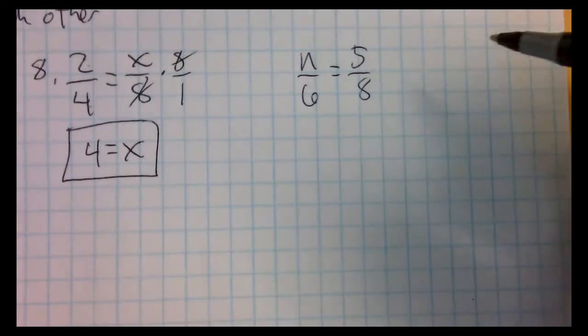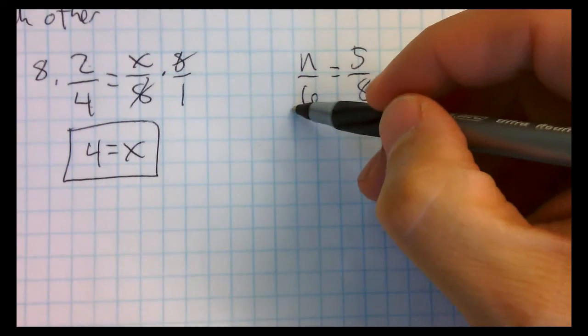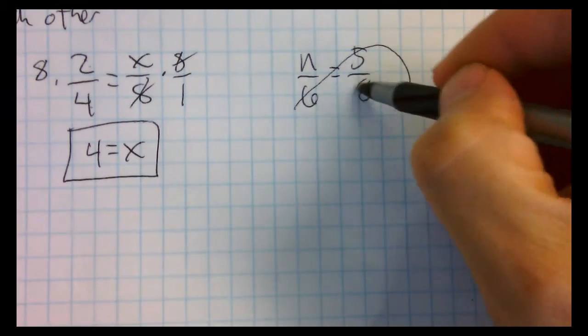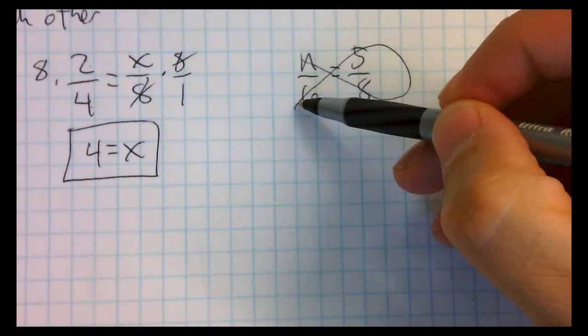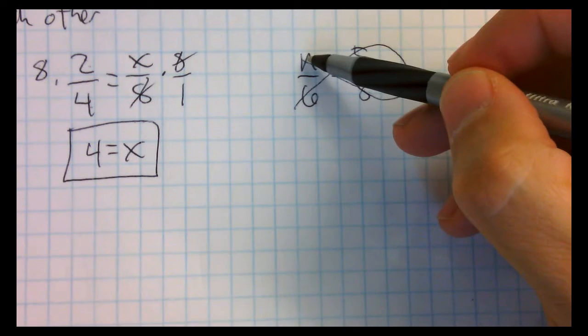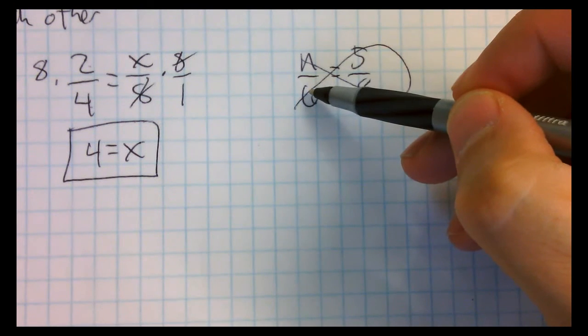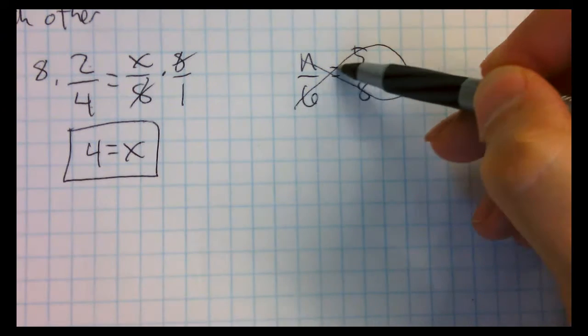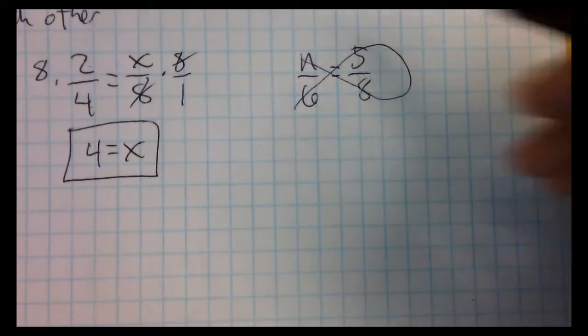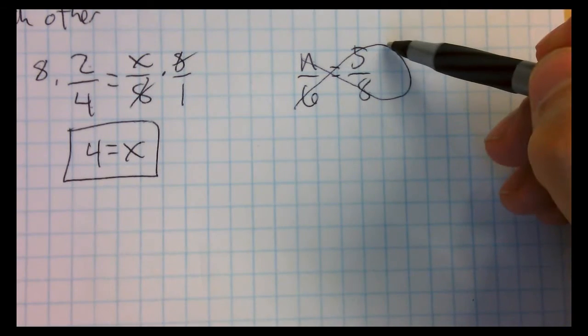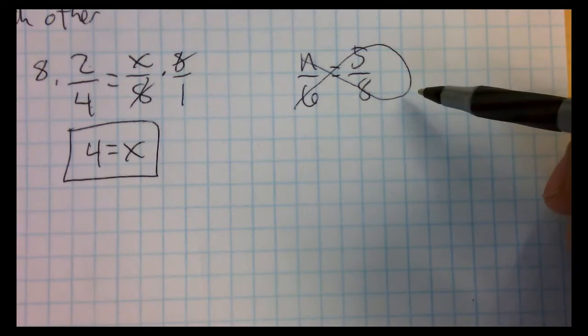And the reason it's called the fish method is that you can draw a fish to show you what to do. So the way the fish method works is always start on the opposite side of the fraction as the variable, and then draw a diagonal, and then back around to the variable. The first two always get multiplied together and then divided by the third term.